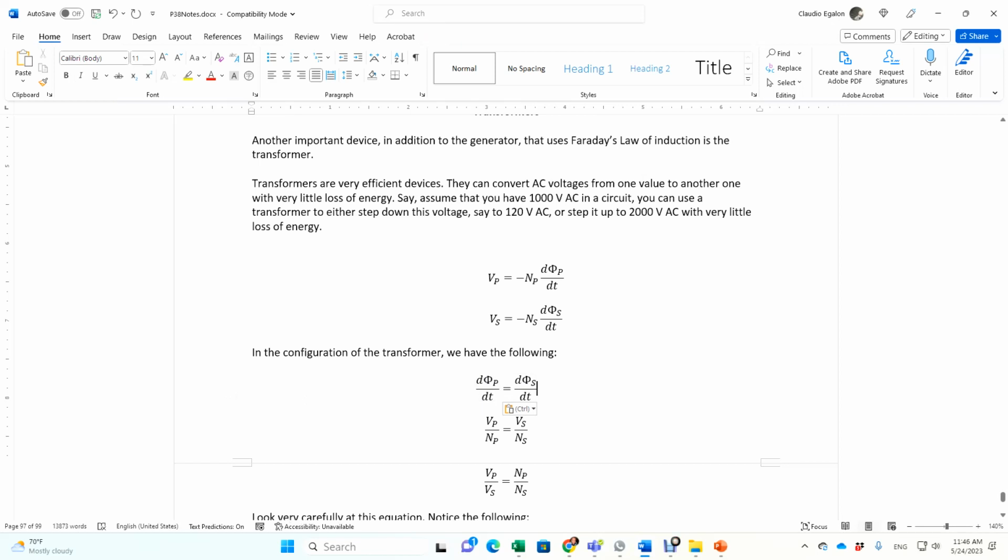Doing that, what happens? Don't forget that I'm going to do a secondary step. This one here is going to be Vp divided by Np, right? With a negative sign. And the other one also is going to be Vs by Ns.